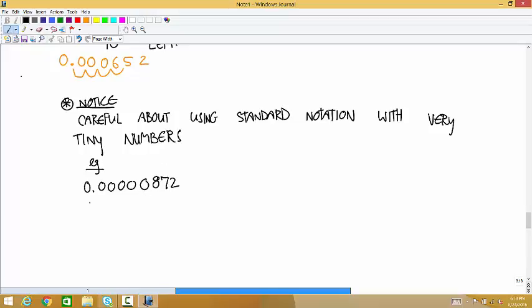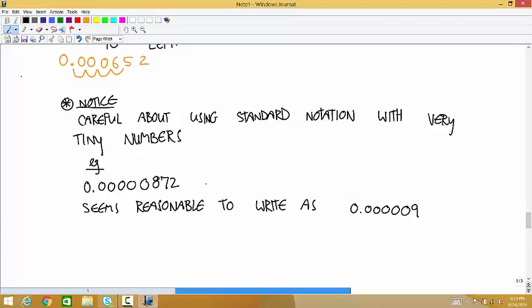It's such a small thing, it seems like it might be reasonable to round this off as point, how many did I put? 1, 2, 3, 4, 5. 0.000009, right? I mean, that's more decimal places than you almost ever write anyways. So it's kind of natural to think like, well, I'm keeping more decimal places than I normally would. That should be good.